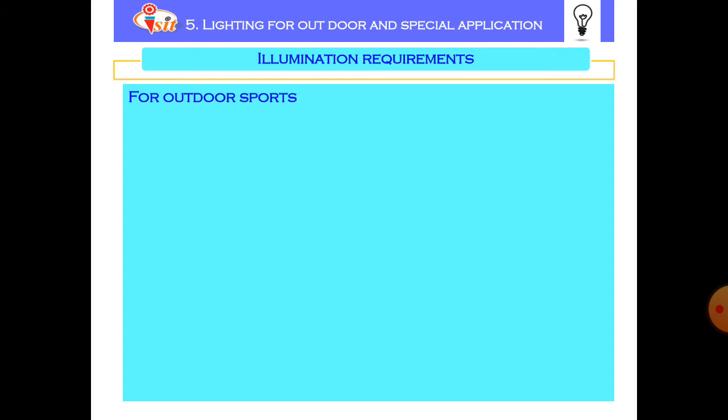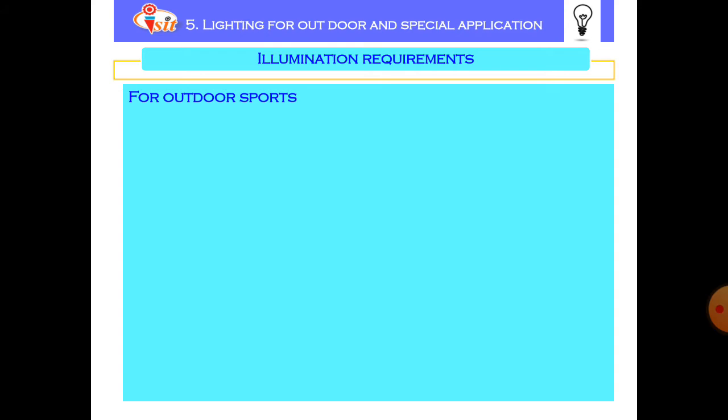The next is illumination requirements for outdoor sports. There are only flood lighting applications where the values of recommended illuminance are commonly greater than those required for interiors. This is lighting of large areas for spectacular or spectator sports.